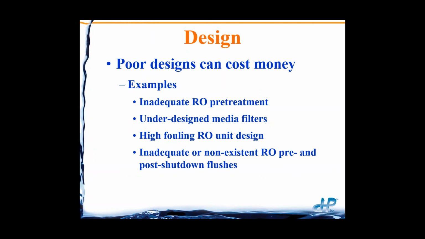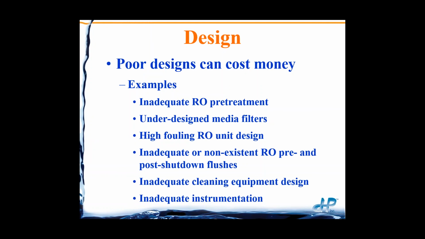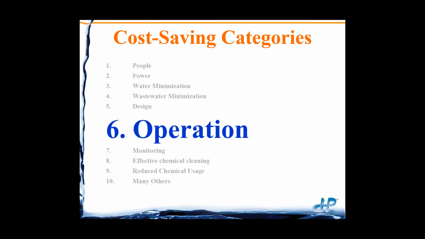These are design issues. Not having an adequate pre- and post-shutdown flush. Occasionally you don't even have them, especially for the post-shutdown flush. And then also that the design of the cleaning equipment for the RO unit is inadequate. And then inadequate instrumentation for monitoring.